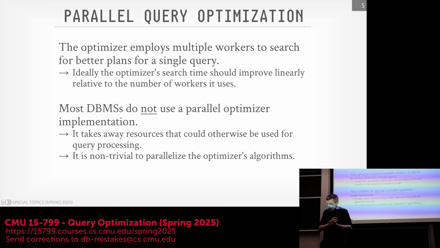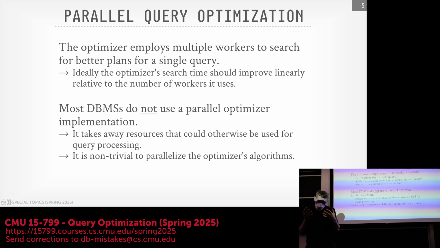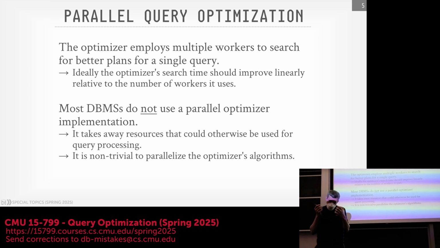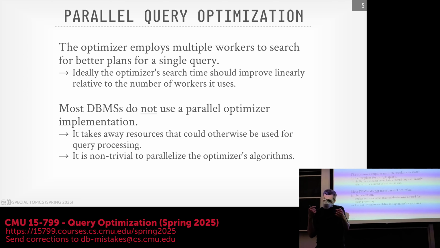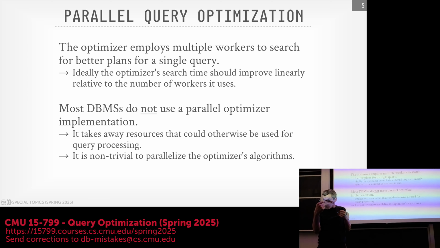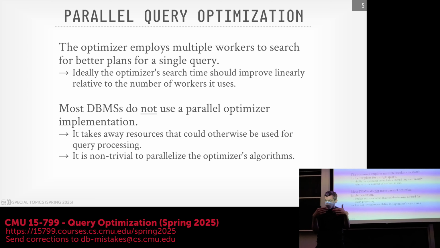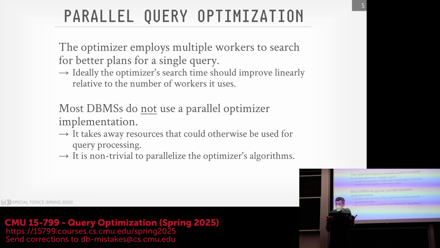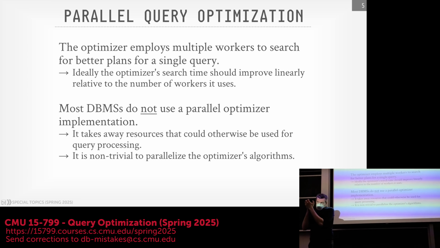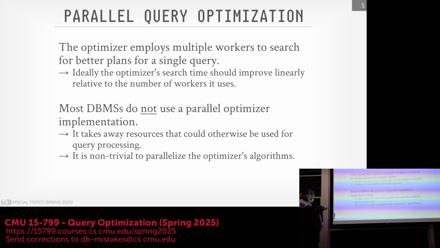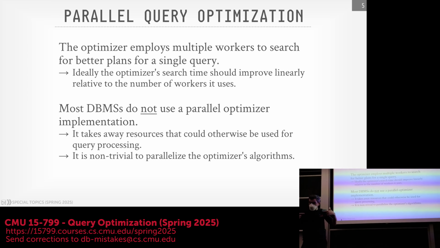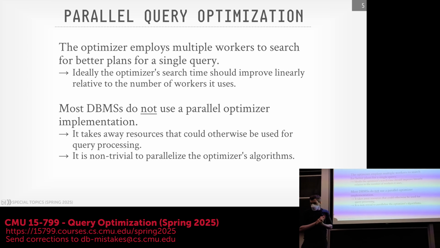So the optimizer itself is going to be a single-threaded component of which the database system will allow multiple threads to run at the same time. So it could be optimizing multiple independent queries at the same time, but they don't, for one single query, spawn a bunch of worker threads to do that search at the same time, right?